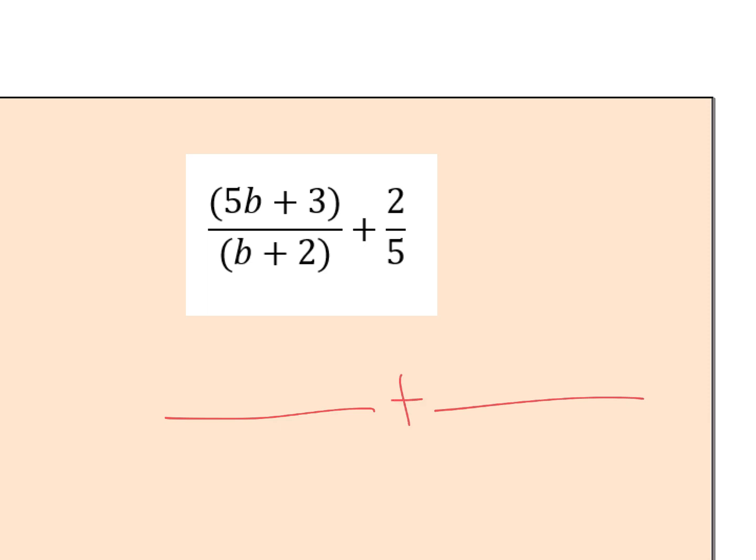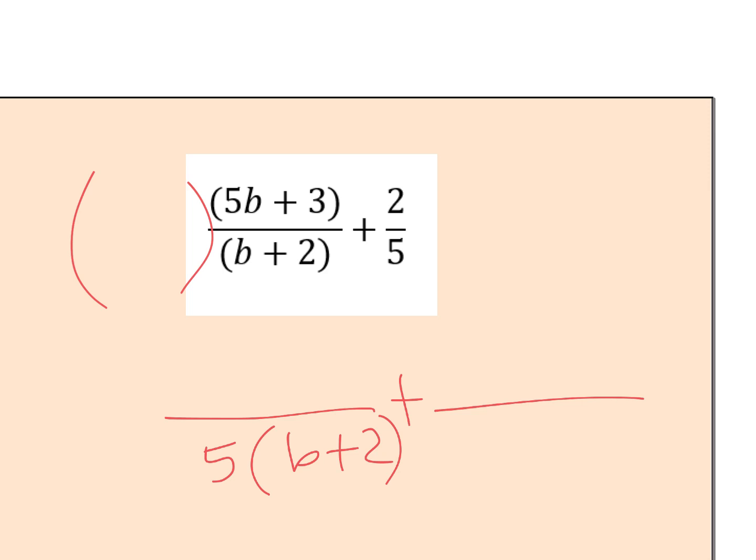A good common denominator would be 5 times b plus 2. Now, could you multiply that out and say 5b plus 10? Yeah. But I'd rather have it factored, because if you can factor it, you should, right? So I think it's better to just leave it like this, 5 parentheses b plus 2. That's my denominator.